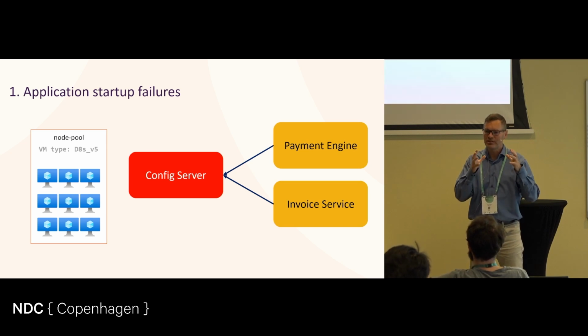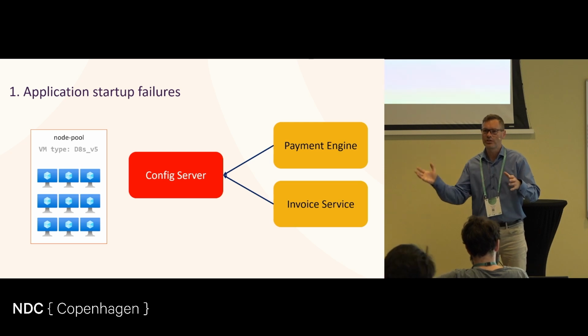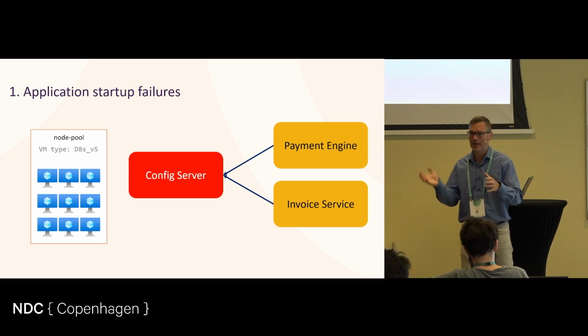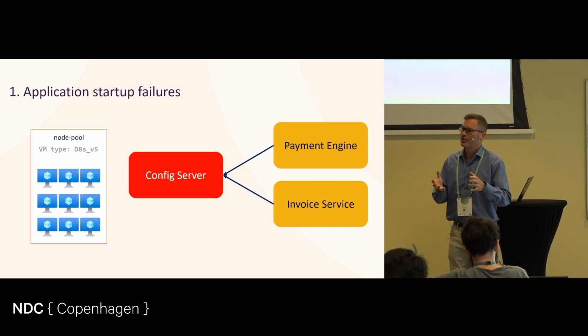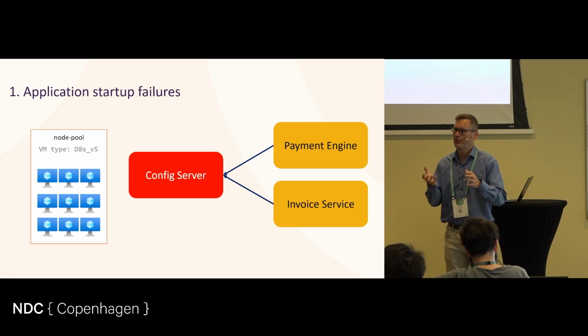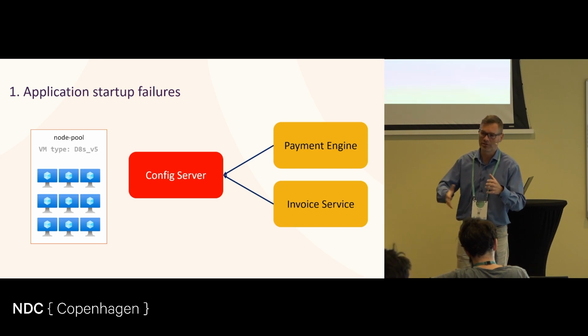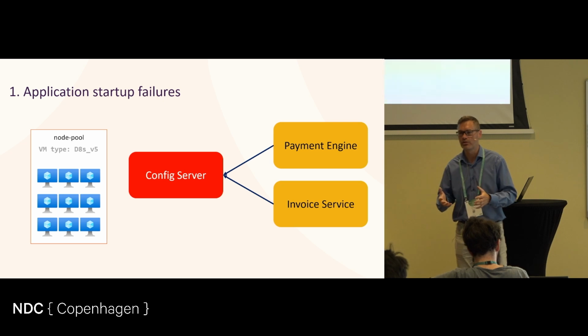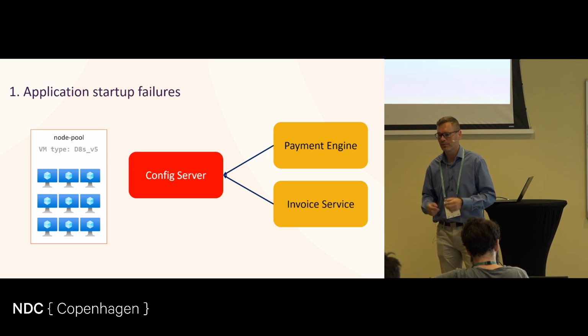That means when this one configuration server fails, all the other applications will also fail. And this config server needed more than 30 seconds to start, 2 minutes or so, because it was really poorly configured. And then after 30 seconds, which is the default, it gets restarted and restarted. And so it will never come up.